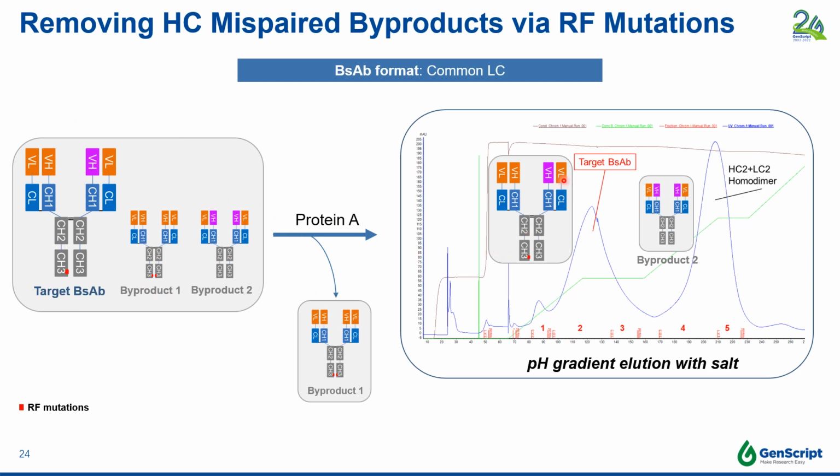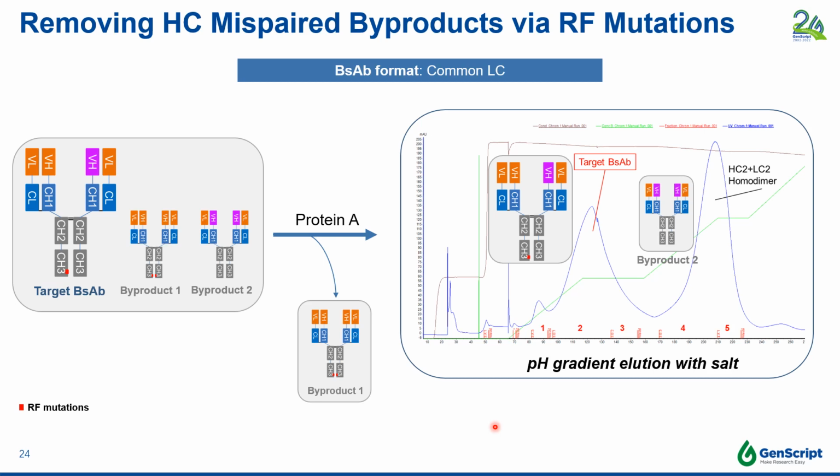The bound target BsAb and byproduct 2 are eluted using pH gradient elution with salt. As you can see, there are two separate peaks. One is our target BsAb, and the other is byproduct 2 we want to remove. Based on these cases, RF mutations are an efficient strategy for asymmetric BsAb production and purification.